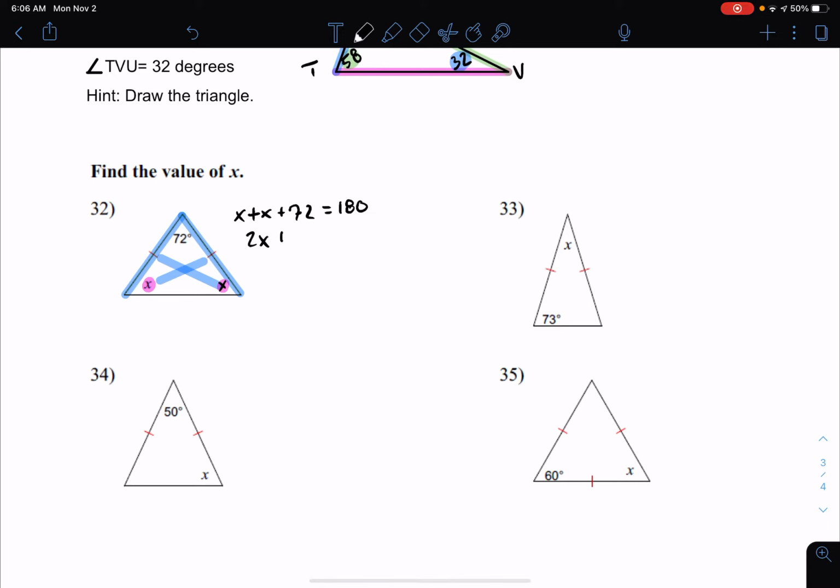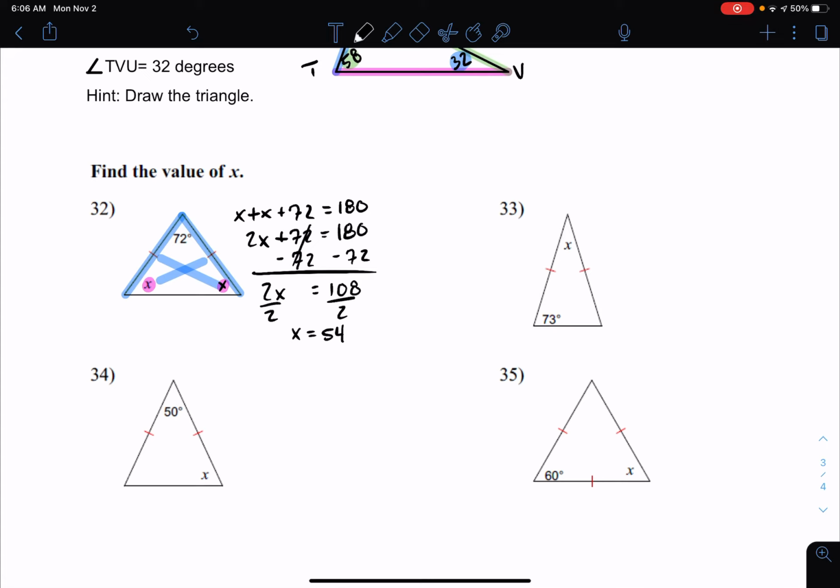So that's 2x plus 72 equals 180. You're going to subtract 72 from both sides. You get 2x is equal to 108. Divide by 2, and you get x is equal to 54. And there you go. So x is 54. All done.